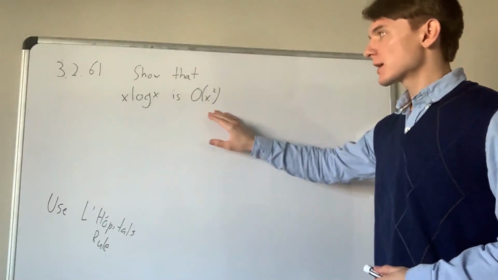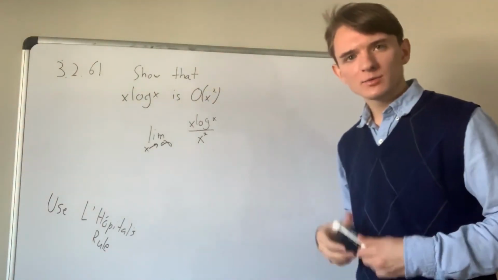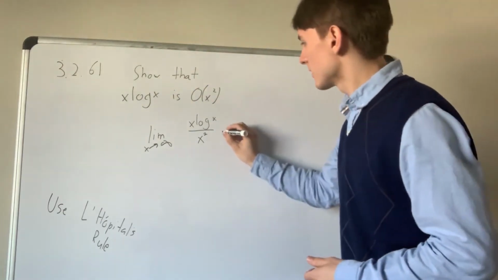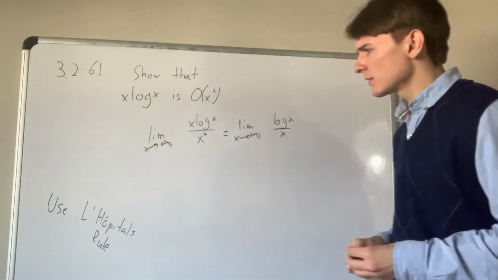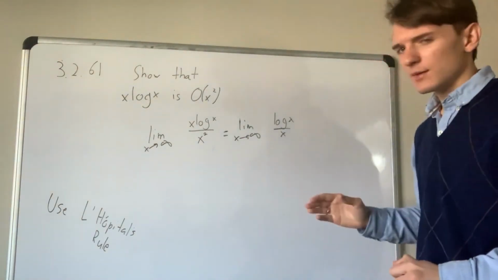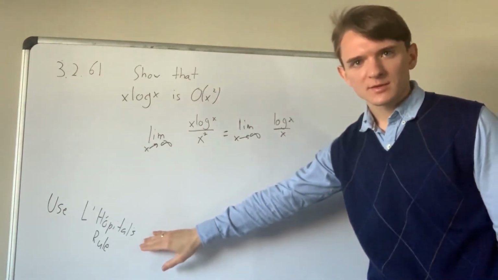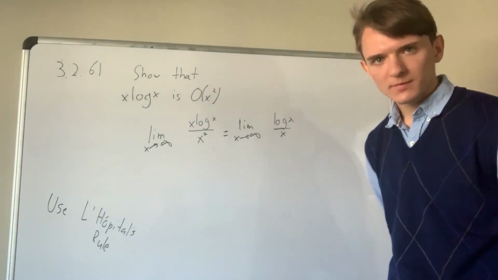Show that x log x is big O of x squared. And then we can do some algebra, take x off the numerator and the denominator. And well, then we're kind of stuck. I'm not really sure how to evaluate it, but look, an unknown benefactor left us a clue. Use L'Hopital's rule.